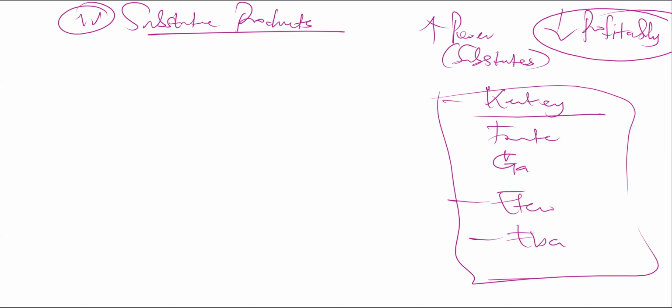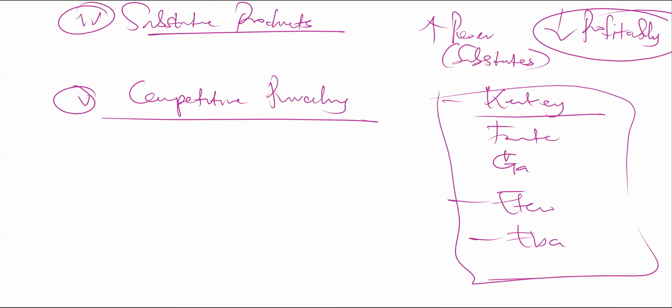Makes sense? The last force is the extent of competitive rivalry, right? So competitive rivalry. How would your existing competitors react, right? Remember, if you come into an industry or you're already there, if the level of competition is tight, it can make you lose money. Because, for instance, if there are things like price wars, right? People are trying to be innovative, right?